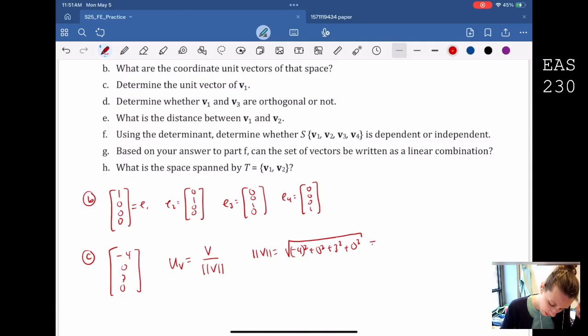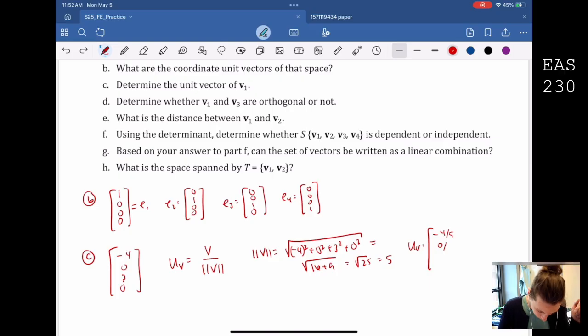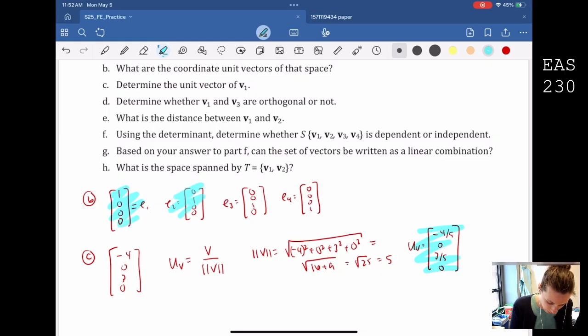If I was writing this on paper on my exam, I'd probably write 16 plus 9. But square root of 16 plus 9 is a square root of 25, which is 5. So there's the norm. So therefore, U_V is going to be negative 4 divided by 5, 0 divided by 5, or just 0, 3 divided by 5, and 0. So there's my unit vector. So I'll go ahead and highlight all my answers.